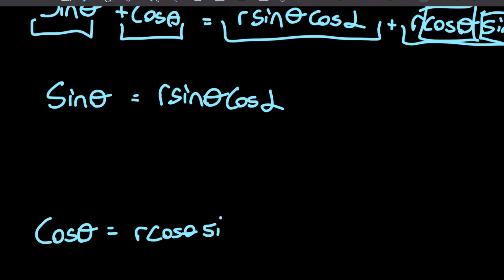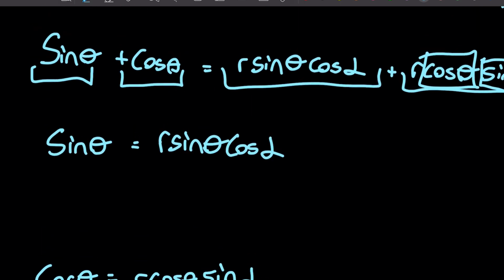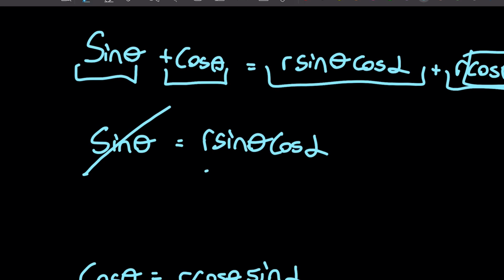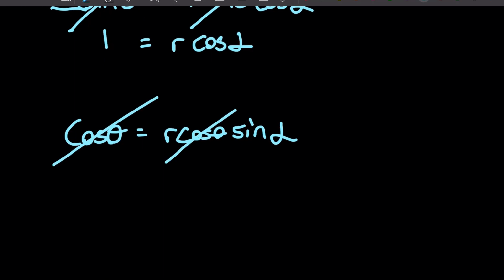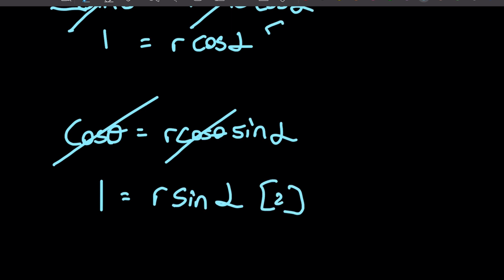So now for the first equation, we can cancel out the sines, and since there's no coefficient that they told us, we can say 1 is equal to r cos alpha. And for the second one, we can cancel out, and again there's no coefficient, so 1 is equal to r sine alpha. This is equation 2, and this is equation 1. Remember, we want to get the r's cancelled out and we want to have tan in the mix. How can we do that?